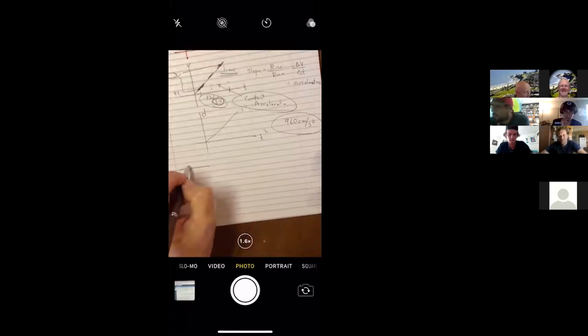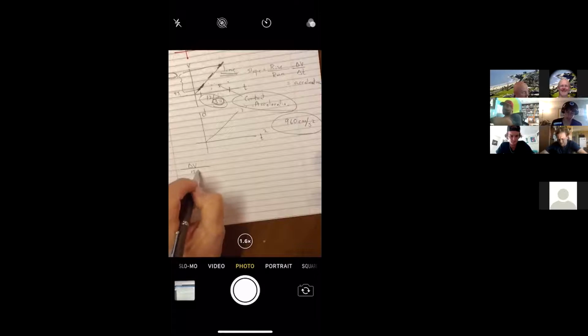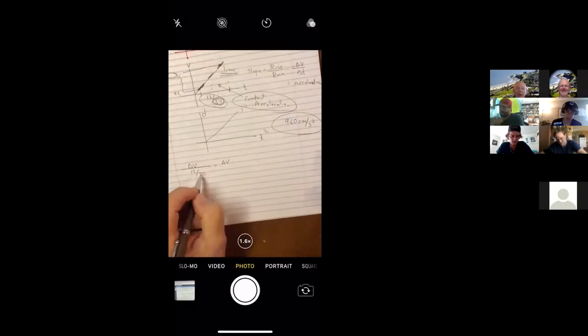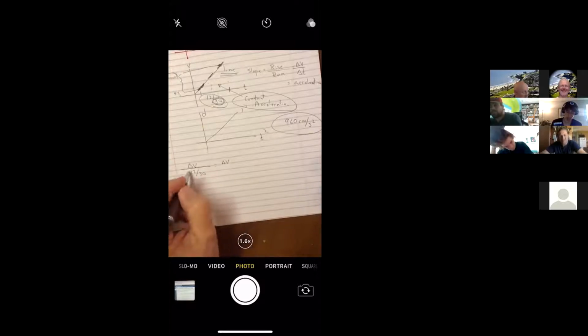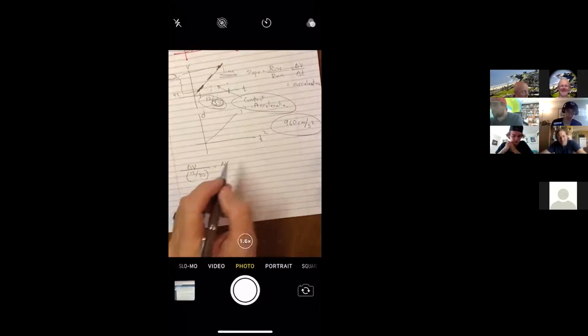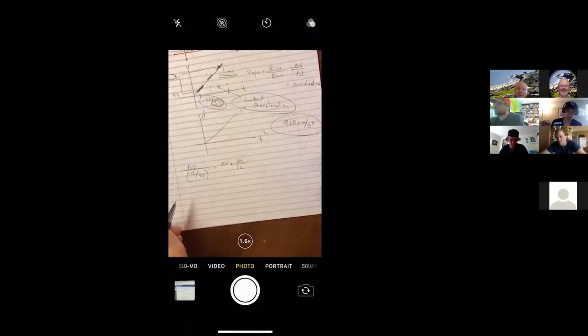You would have your change in velocity here, and when you divide by 12/30ths, the easiest way to do a division, but you could actually turn that into a decimal in your calculator if you're a little weak with your fractions, is to flip it and multiply. So go 30/12. Okay, perfect.